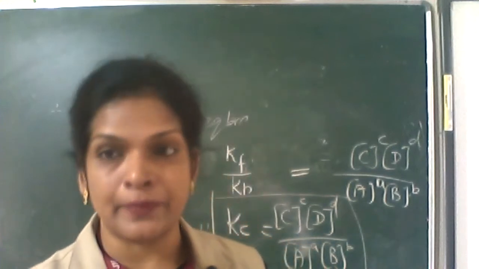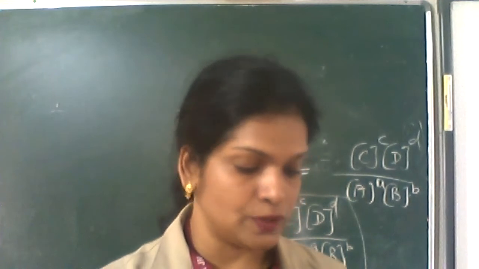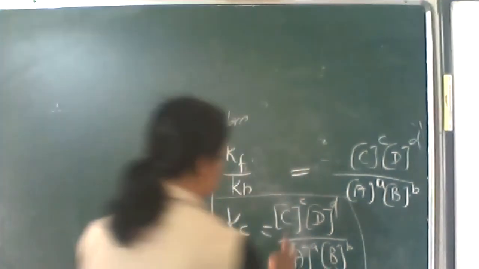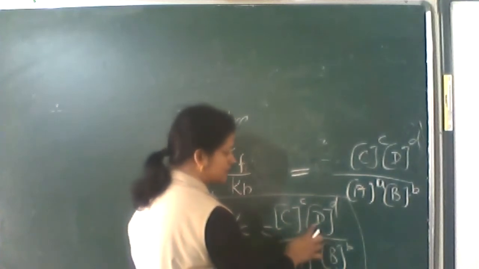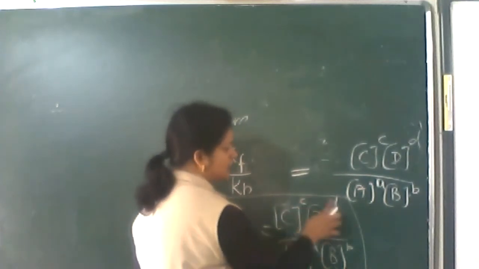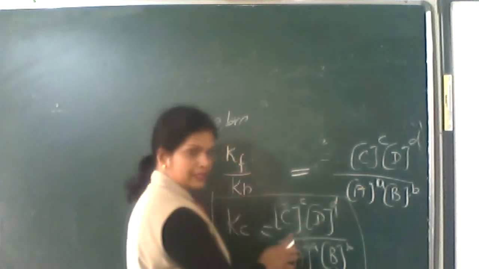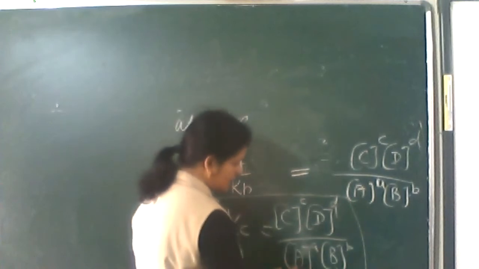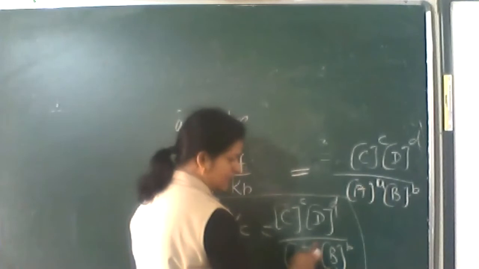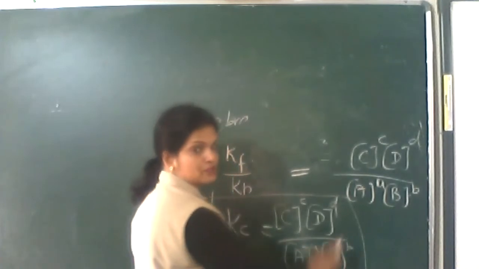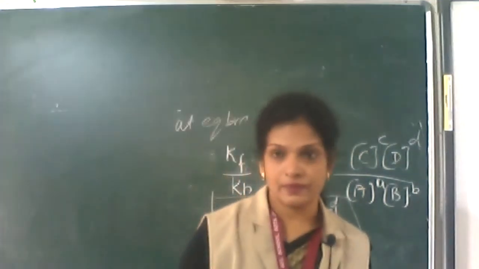At a given temperature, the product of concentrations of the products raised to their stoichiometric coefficients of a balanced chemical equation, divided by the product of concentrations of the reactants raised to their respective stoichiometric coefficients, has a constant value.